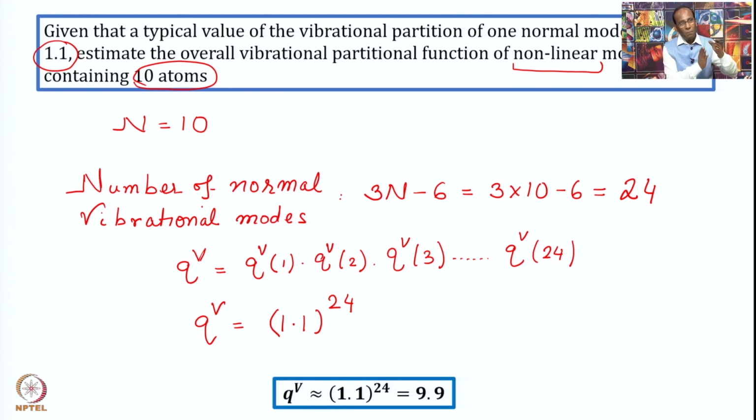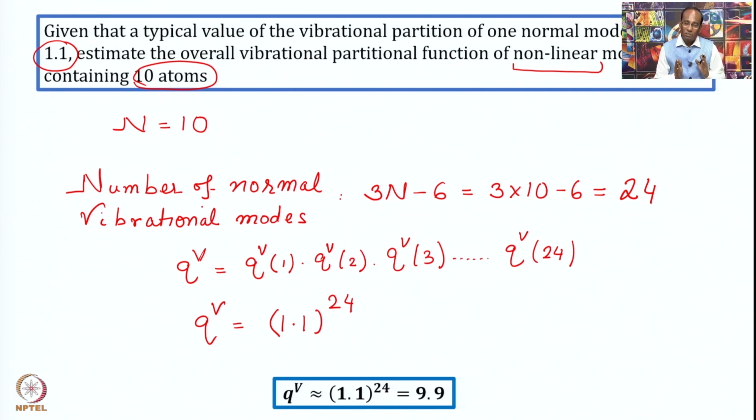And that is what I was referring to, that when you compare with translational contribution, rotational contribution, then this type of situation does not arise. When we are dealing with the vibrational modes, then we have to know whether the rotor is a linear rotor or a nonlinear rotor.